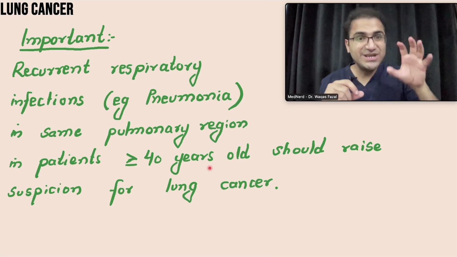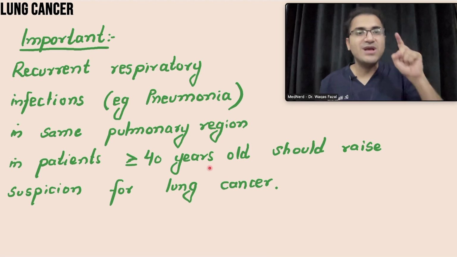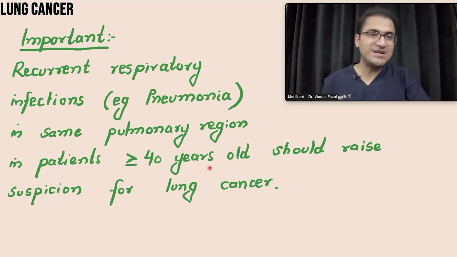So if a patient aged 40 or greater develops recurrent pneumonias in the same pulmonary lobe, suspect lung cancer in that patient and screen that patient for lung cancer.